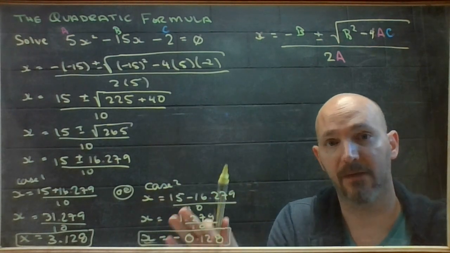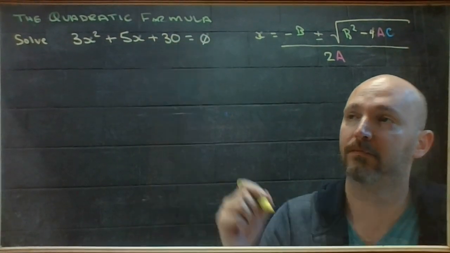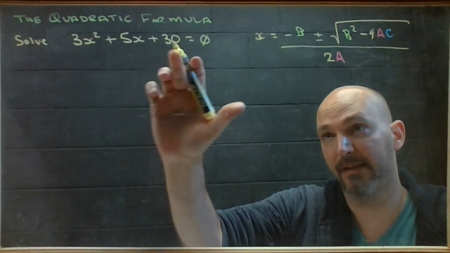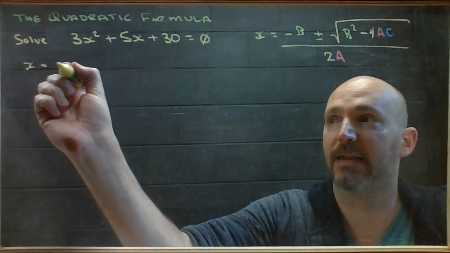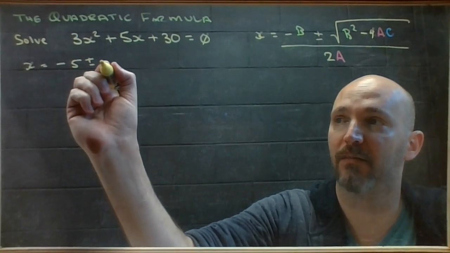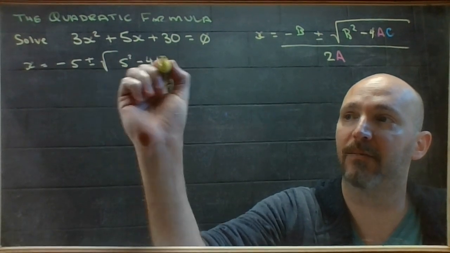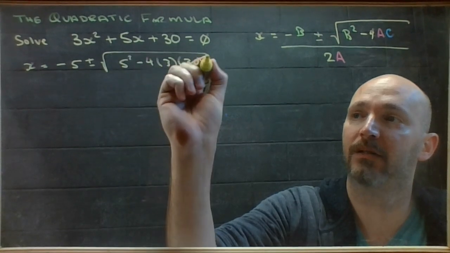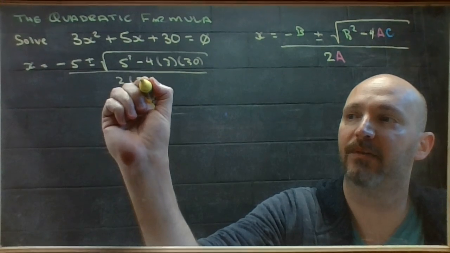I'm going to clear this off. We're going to try one more thing. So again, A, B, C, just dump them into the equation. So I need -5 plus or minus square root of 5 squared minus 4 times 3 times 30, all divided by 2 times 3.